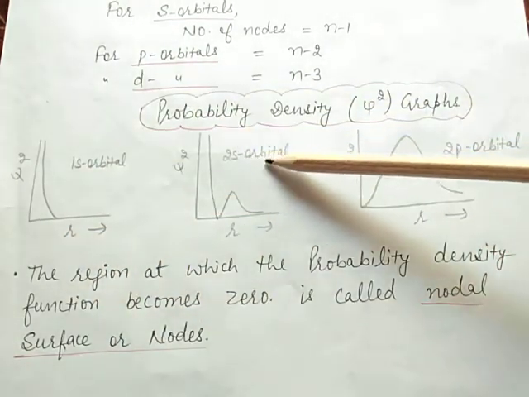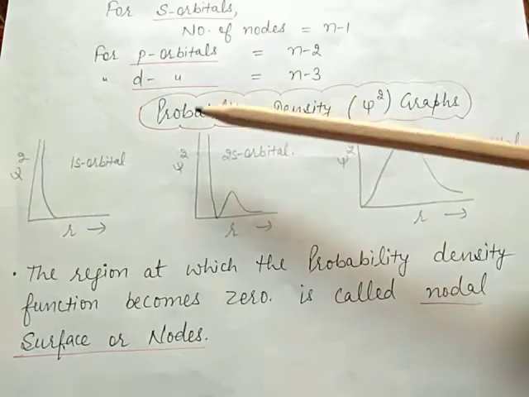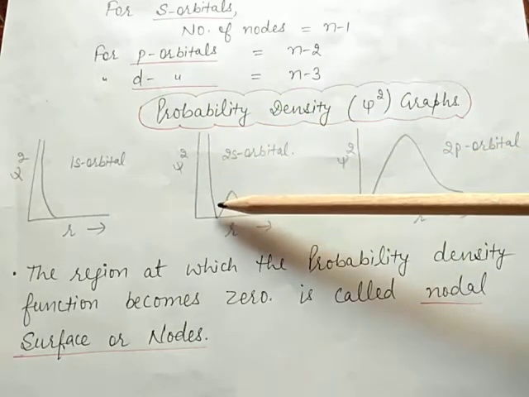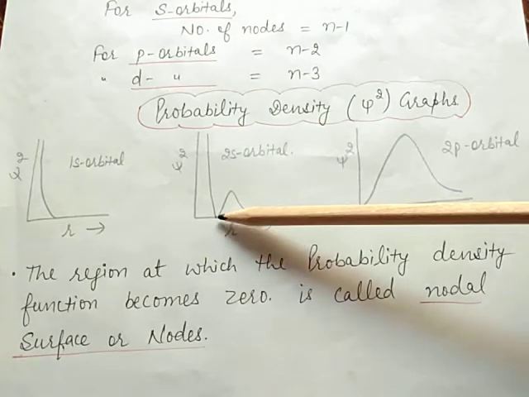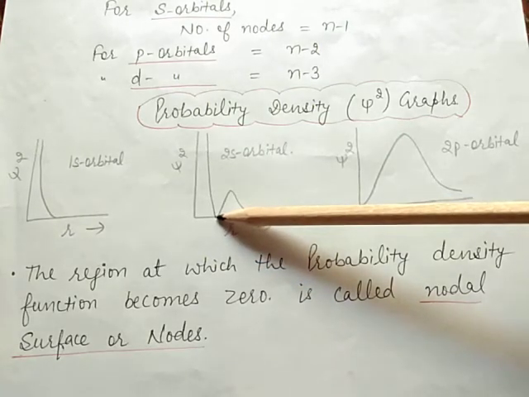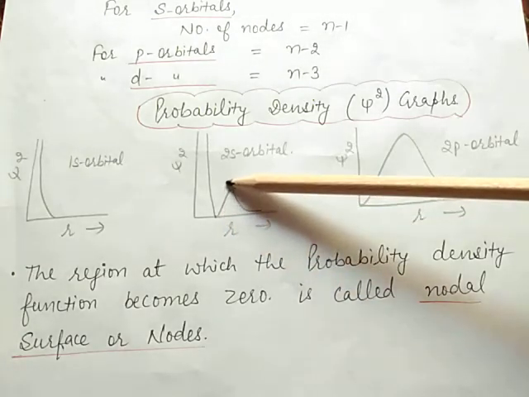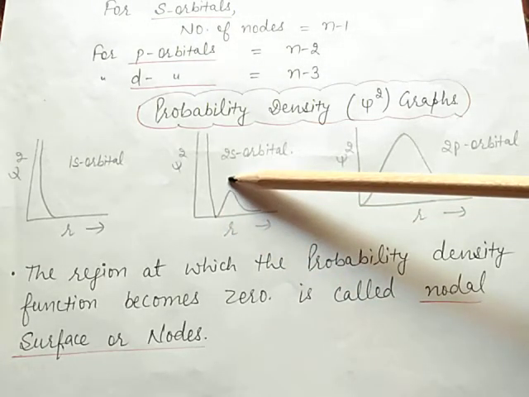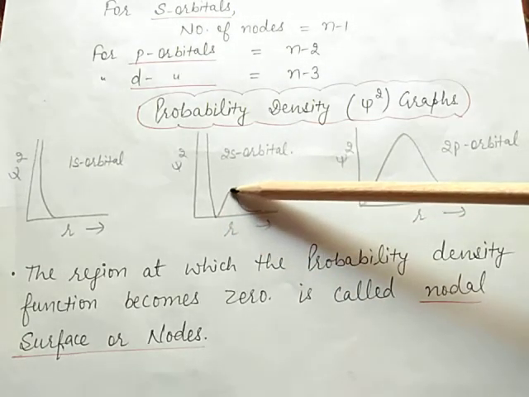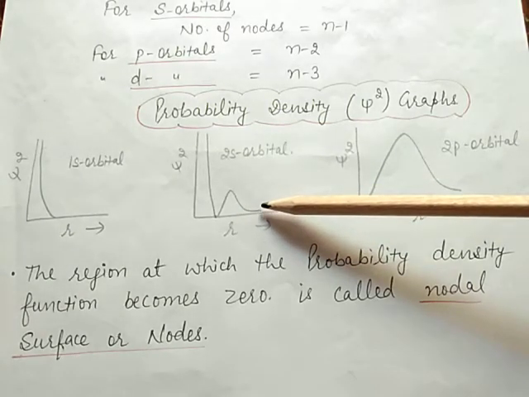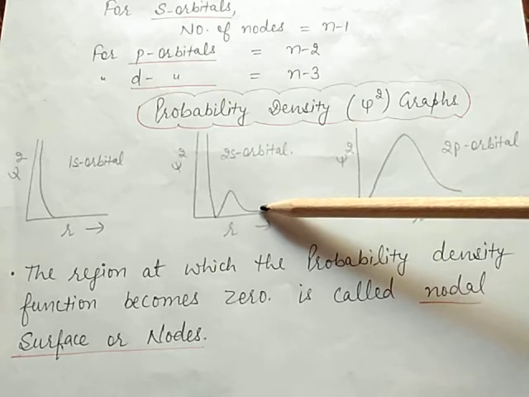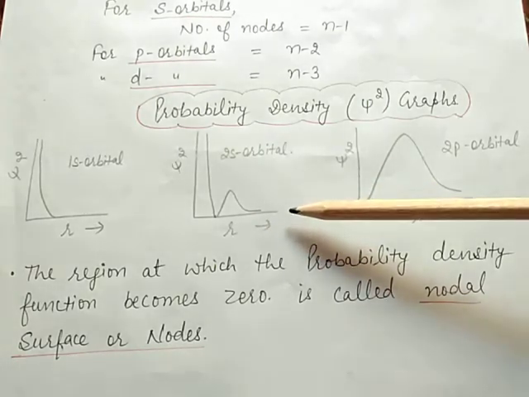But in case of 2s orbital, it first decreases sharply up to 0, and again starts increasing. After reaching a small maxima, it again decreases and approaches 0 as the value of r increases.